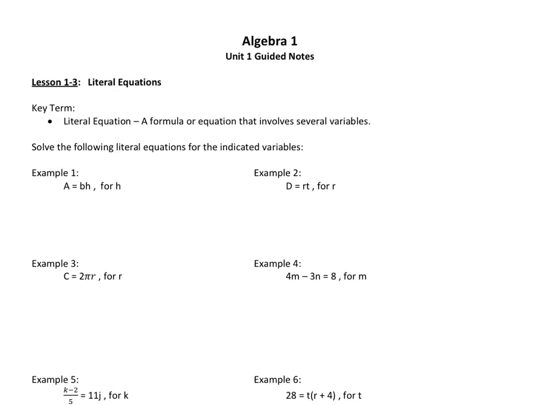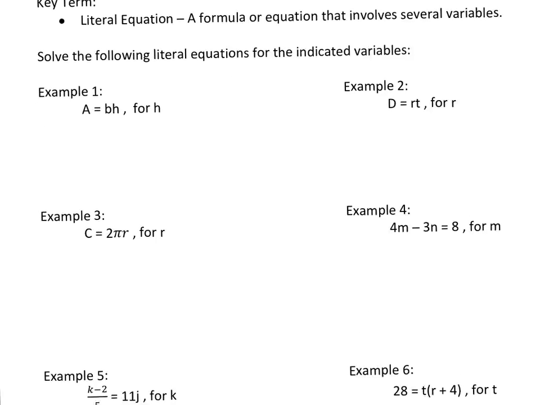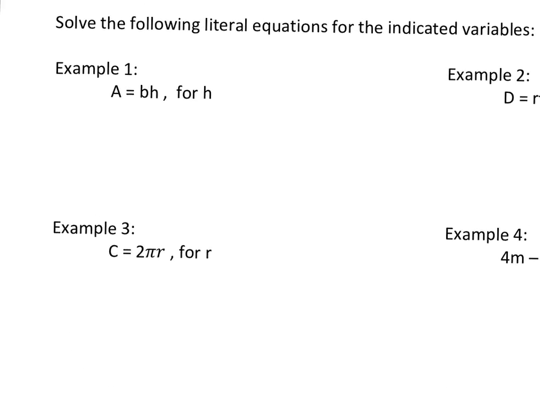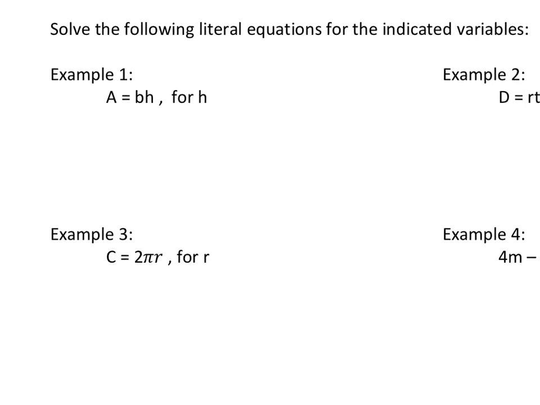Lesson 1.3, Video 2. So let's look at a literal equation and see how we can solve for one of the unknowns. So here we have A equals BH, and they want us to solve that equation for H. Right now it's solved for A, and we want to solve it for H. So we have to look at what algebra is occurring.